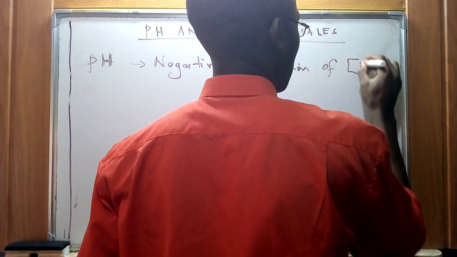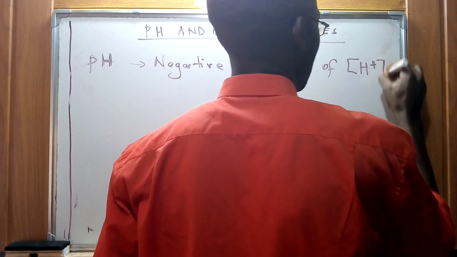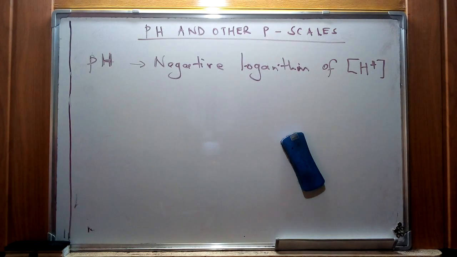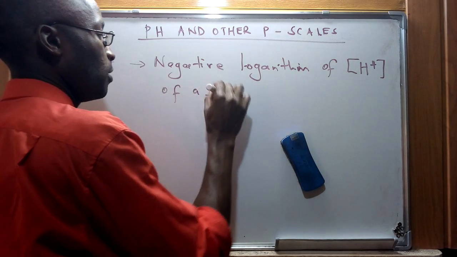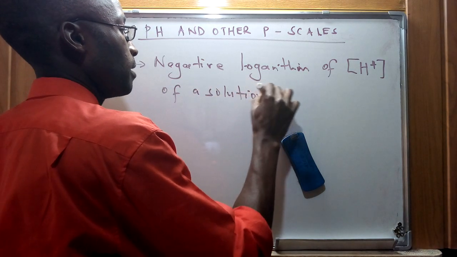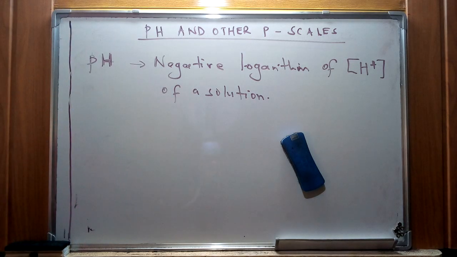So we're going to give a negative logarithm of this particular concentration of a solution, and we're going to have this in the form of an equation.